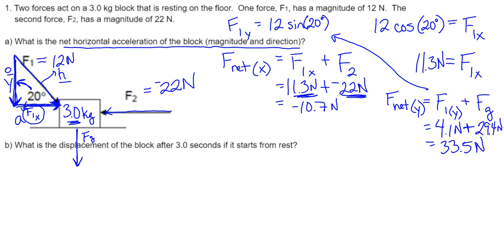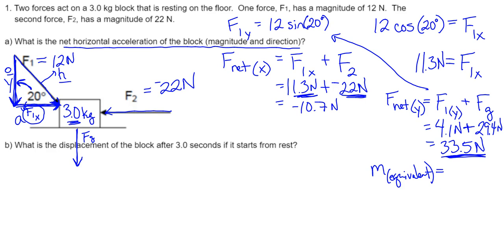Now we need to figure out the mass equivalent. We're going to work our way backwards and take the 33.5 newtons that we got when we added the two forces together, and then divide that by the acceleration due to gravity.